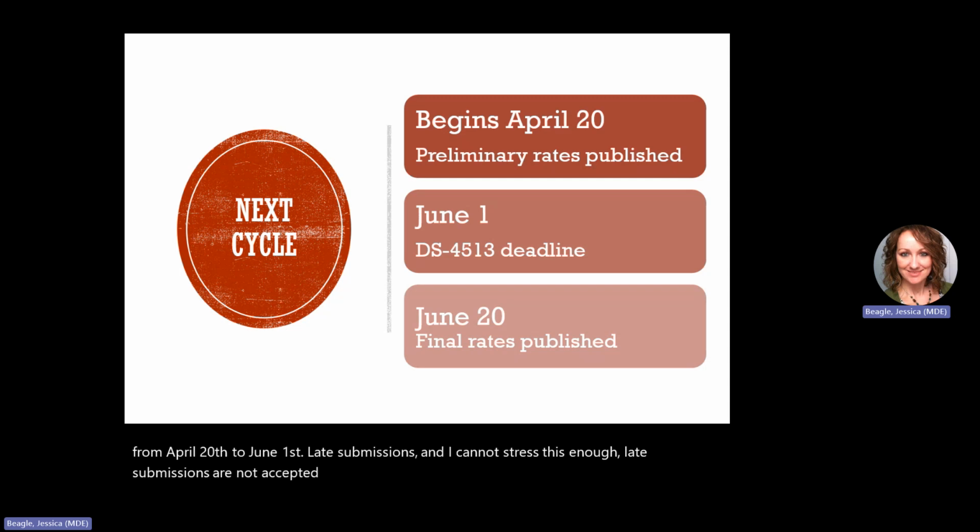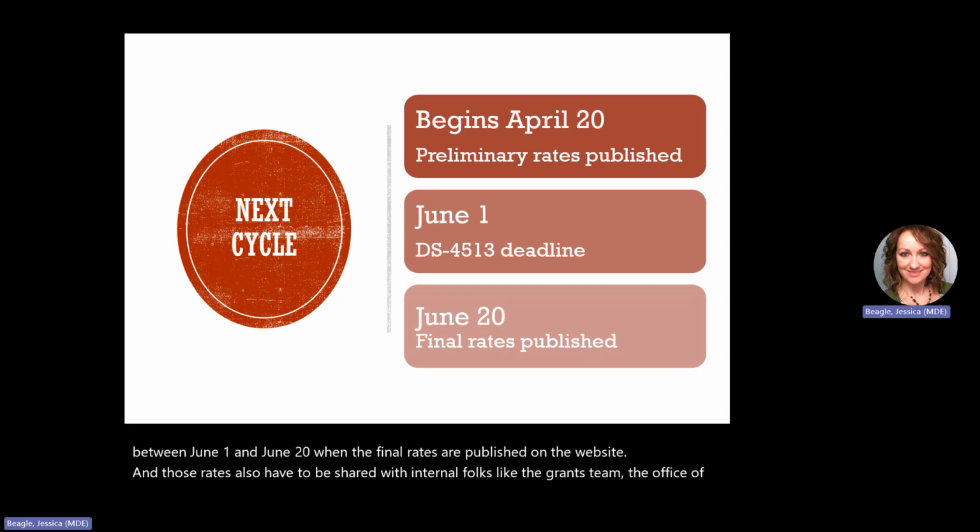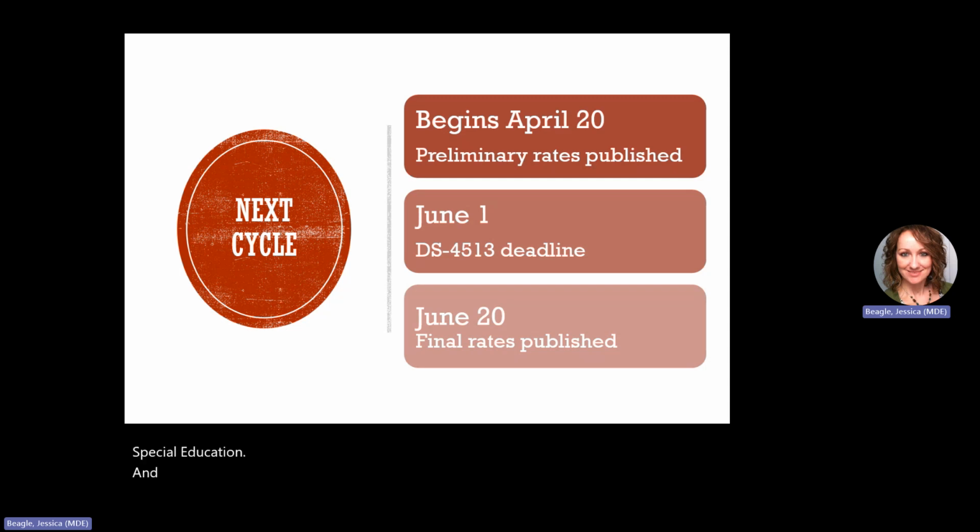There's a lot of behind the scenes work that has to happen between June 1 and June 20 when the final rates are published on the website. And those rates also have to be shared with internal folks like the grants team, the Office of Special Education, and CEPI. So I cannot accept late submissions because it causes a chain reaction of delays that we just cannot have.